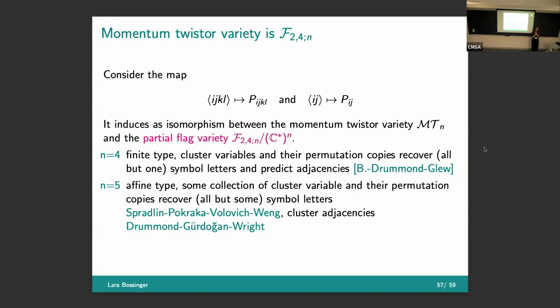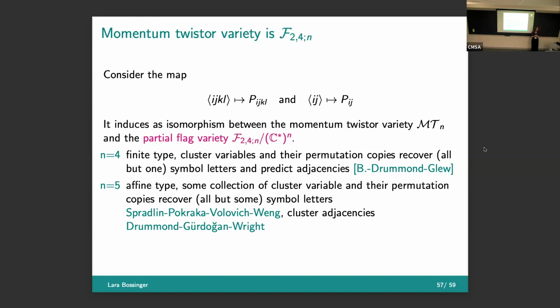But there's been some progress by Mark and Anastasia and their postdoc and their student Wang, who was here, on computing a certain set of cluster variables. I don't understand yet how they decide which cluster variables are relevant or not.